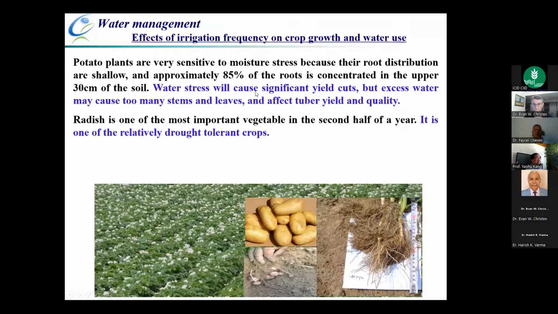Water stress will cause significant yield cuts, but excess water may cause too many stems and leaves and affect tuber yield and quality. Radish is one of the most important vegetables in the second half of the year. It is one of the relatively drought-tolerant crops.